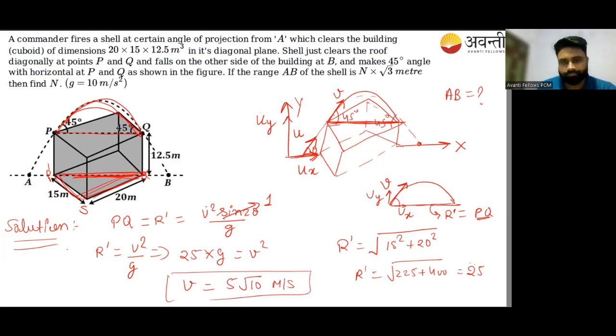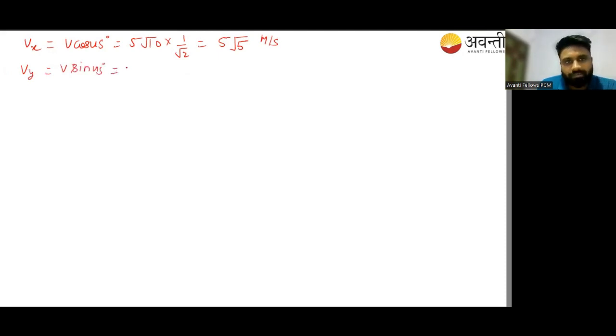From this, we can say that Vx is v cos 45, and we have calculated v earlier, so 5 root 10 multiplied by 1 by root 2, which is 5 times square root of 5 meter per second. Vy will be v sine 45, so the same value, 5 root 5 meter per second.